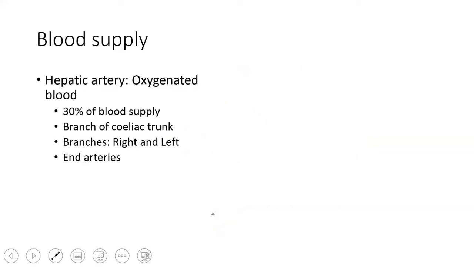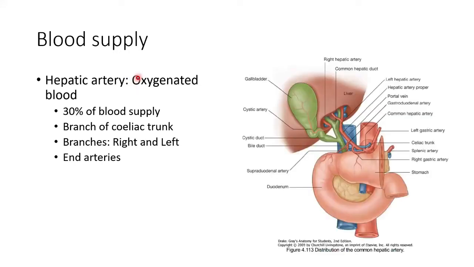So when you come to the blood supply, you have the hepatic artery. The hepatic artery is a branch coming from the aorta and the celiac trunk. Here in the picture, this is the aorta, the celiac trunk, and you have the hepatic artery here. It supplies oxygenated blood.